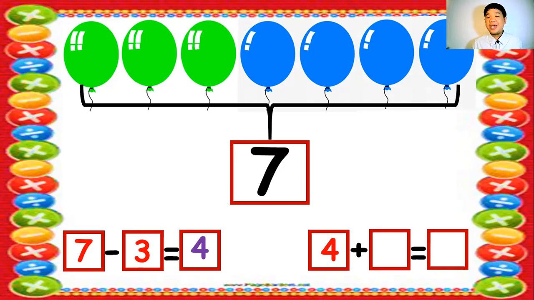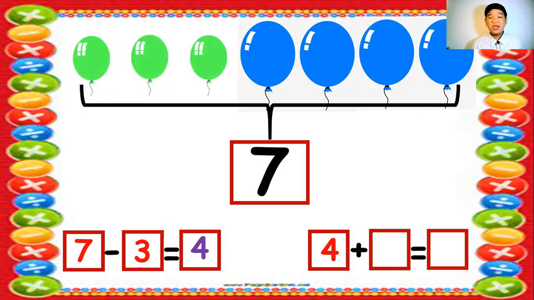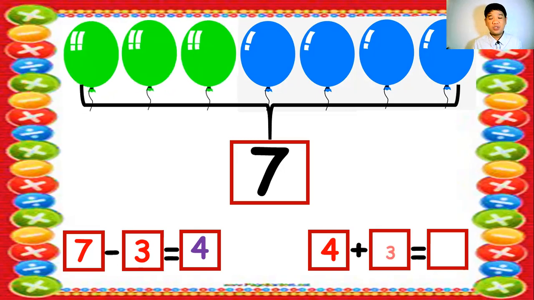Again, how many balloons do we have? We write the 4 blue balloons plus the 3 green balloons. So the total of the balloons altogether is 7.